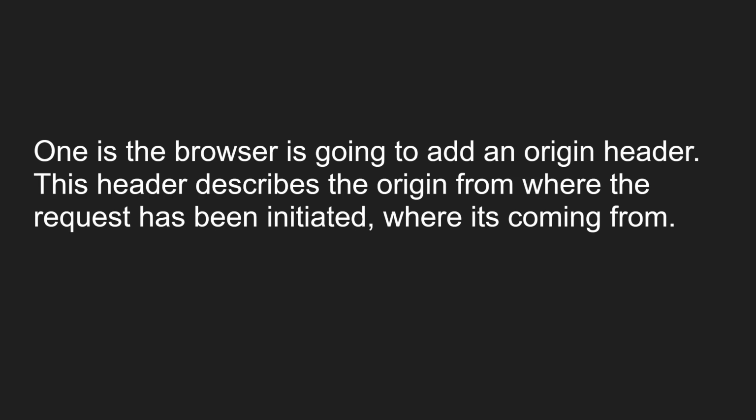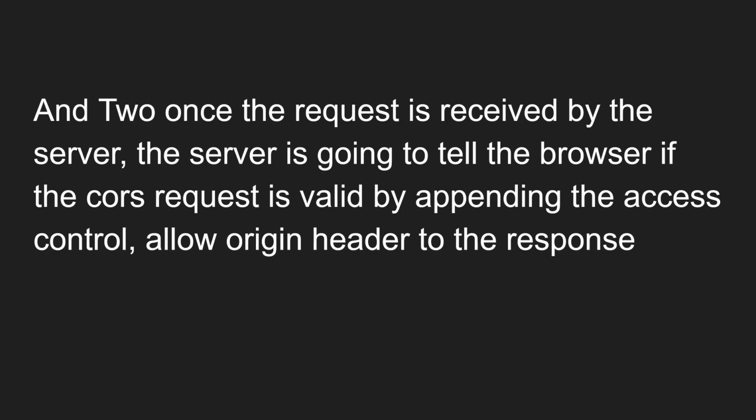The second one is that once the request is received, the server is going to tell the browser whether the CORS request is valid, by appending the Access-Control-Allow-Origin header to the response. So these are the two things that will happen.